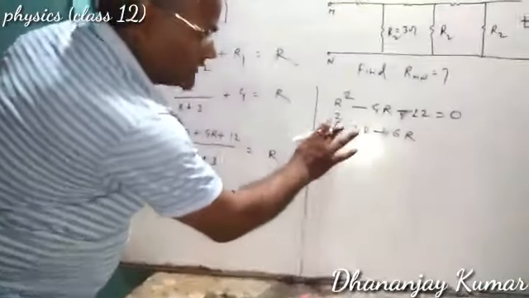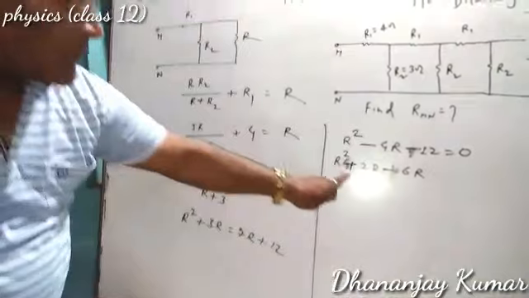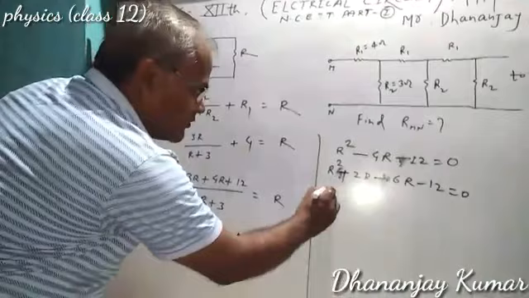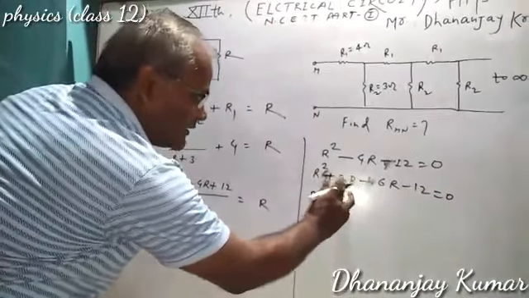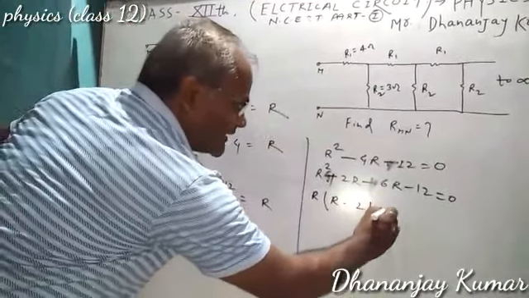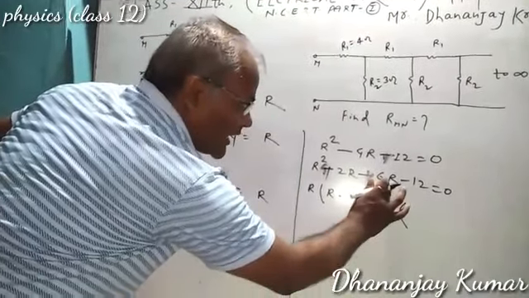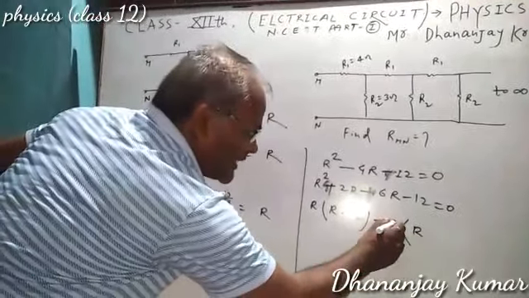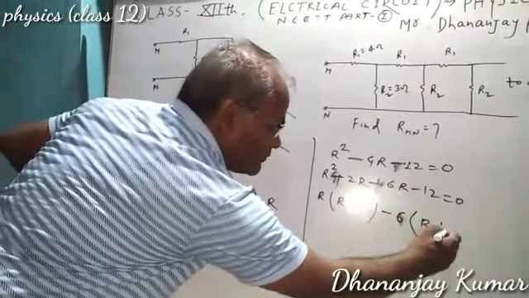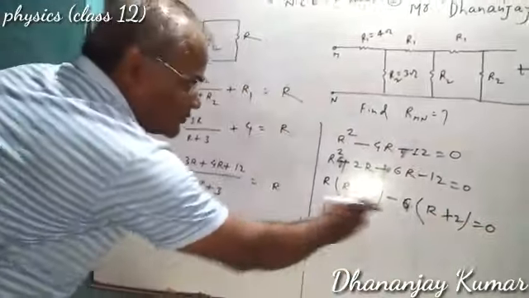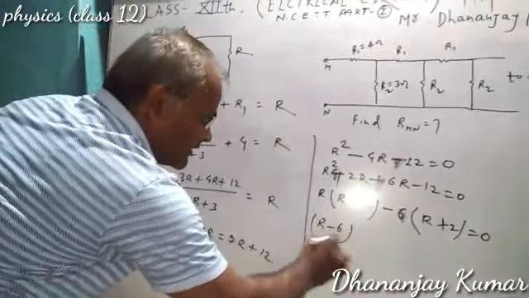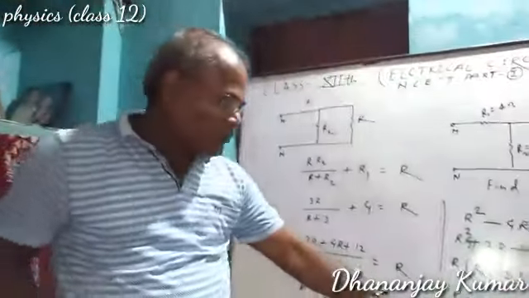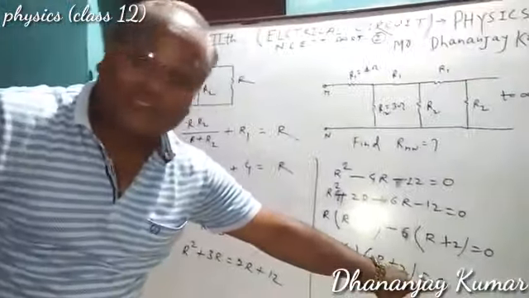Now R will be common: R into R plus 2 minus 6 into R plus 2 will be 0, and so R minus 6 into R plus 2 will be 0.